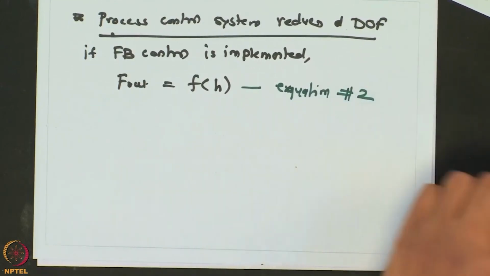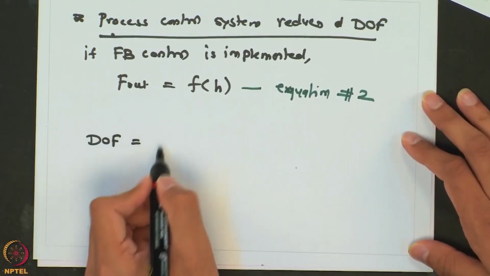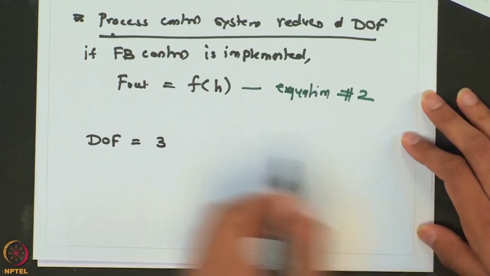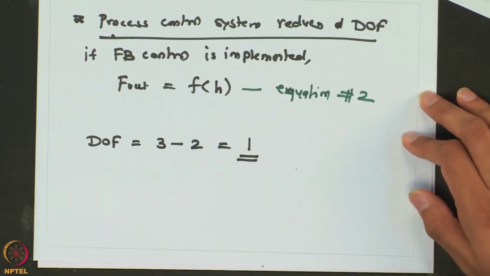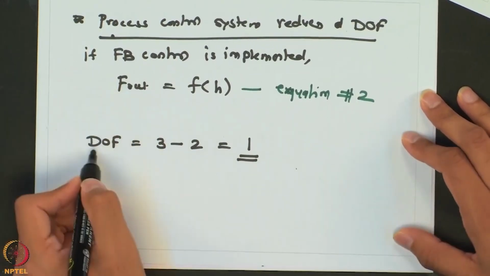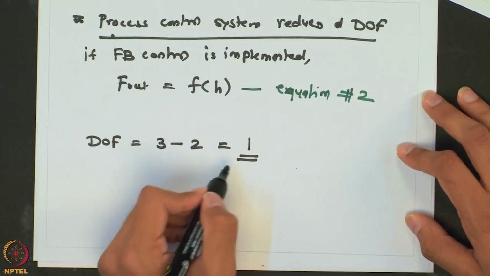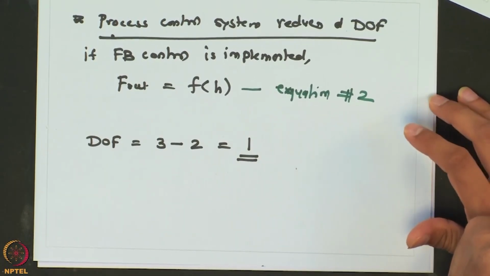So, if I write the degree of freedom again, so now I have still the same number of variables 3, but then I have 2 equations. So, the degree of freedom is 1. So, by implementing one control loop, I have reduced the degree of freedom by 1. So, every process control loop will reduce the degree of freedom by 1.